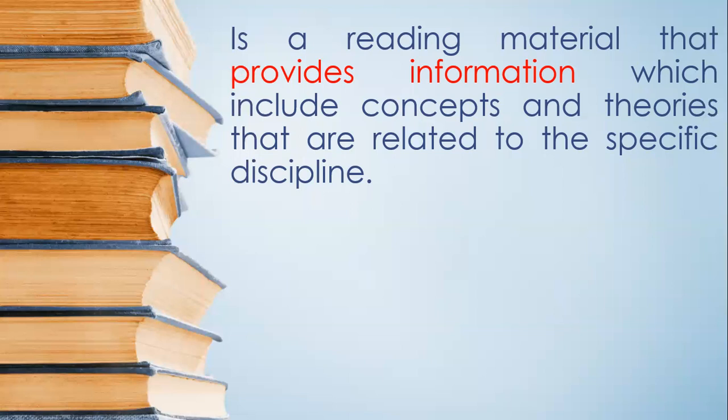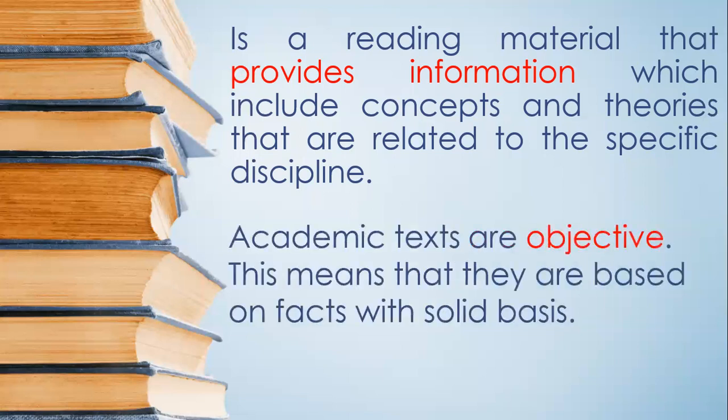Okay? So next, always remember that aside from providing information, academic texts are also objective in nature. So what do we mean by objective? This means that they are based on facts with solid basis.